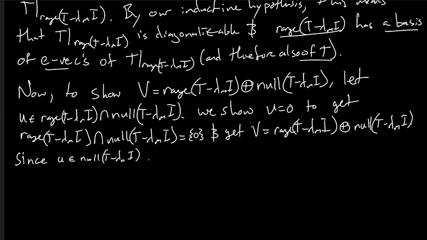Since u is in the null space of T minus lambda_m I, then Tu is equal to lambda_m u. Agree with that? Hopefully so. This just says that (T minus lambda_m I)u is 0, so just subtract lambda_m u to the other side, and you just get this statement.